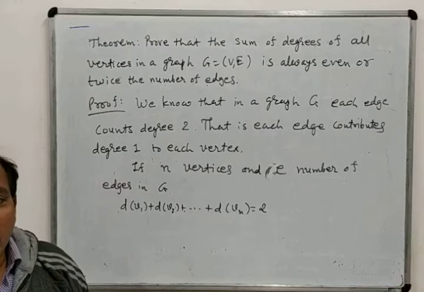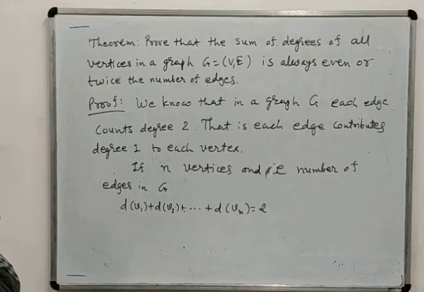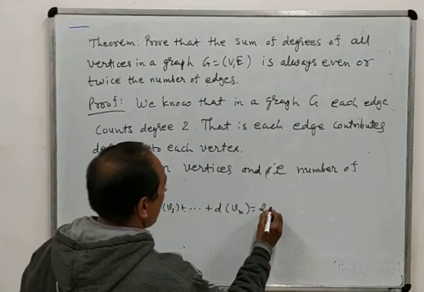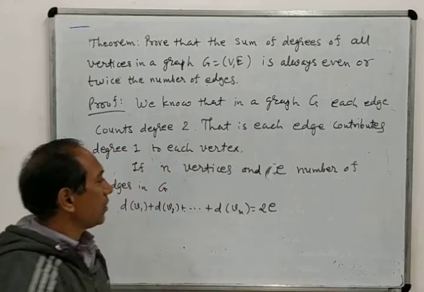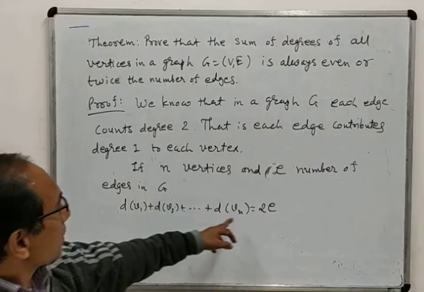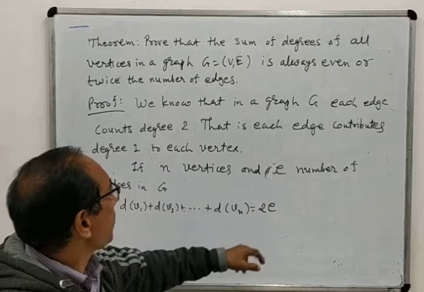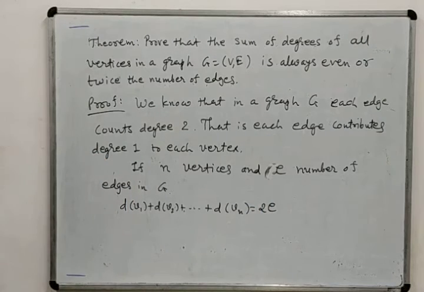So obviously in a graph G, the total degree is twice the number of edges, that means 2 times E. So this is the proof of the theorem. We can say that the total degree is an even number because it is multiplied by 2. Also we can say that it is twice the number of edges.